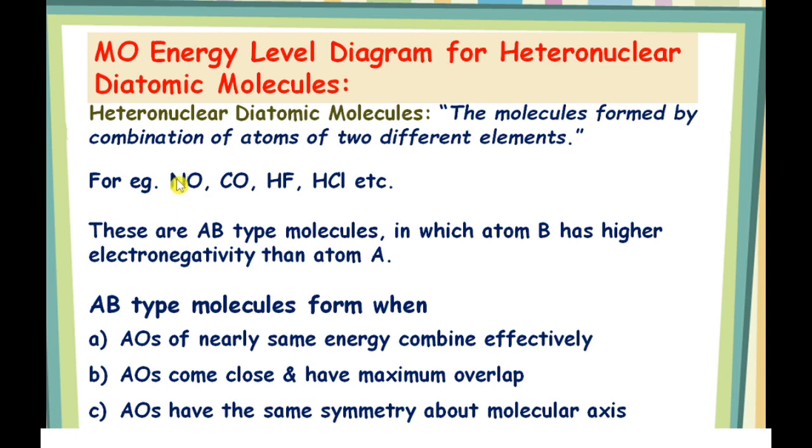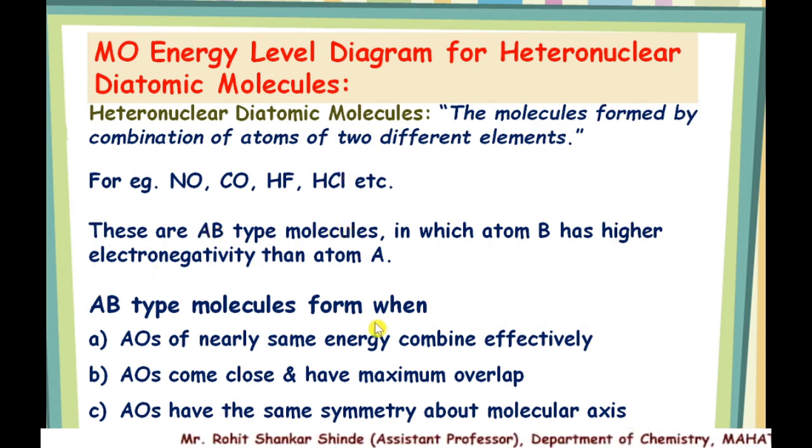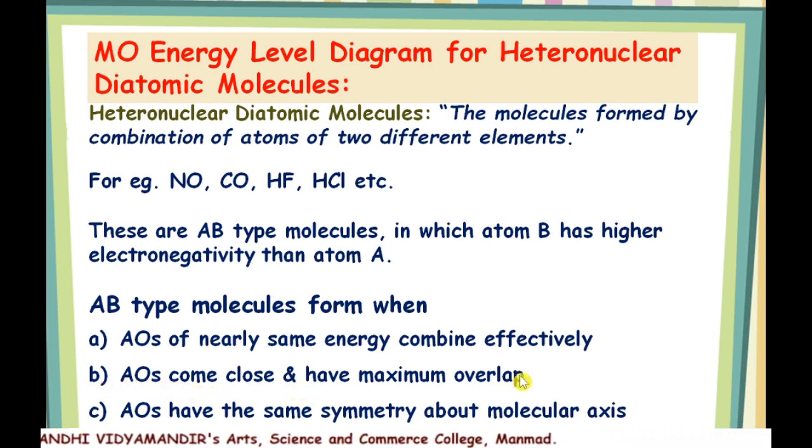In nitric oxide, oxygen is more electronegative. This type of AB molecule will be formed only when, first, atomic orbitals of nearly the same energy combine effectively. Second, atomic orbitals come close and have maximum overlap. Third, atomic orbitals have the same symmetry about the molecular axis.